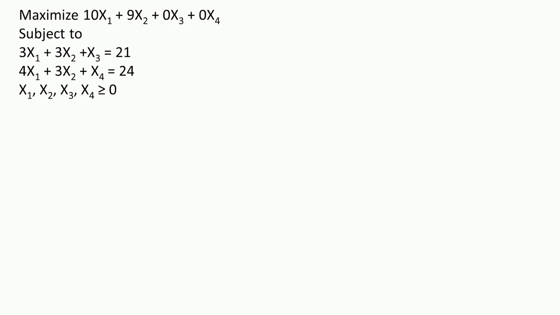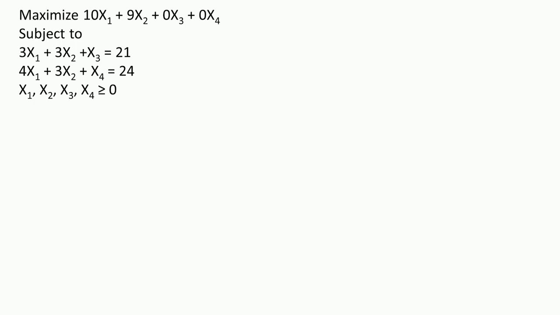Because there are 2 equations and 4 variables, we can only solve for 2 variables at a time, and those 2 variables we are going to solve are called basic variables. It also means that the remaining 2 variables have to be fixed, and they are fixed to 0. They are the non-basic variables.